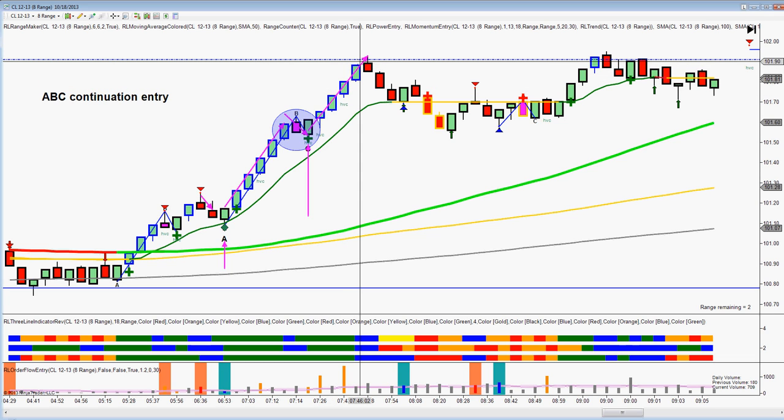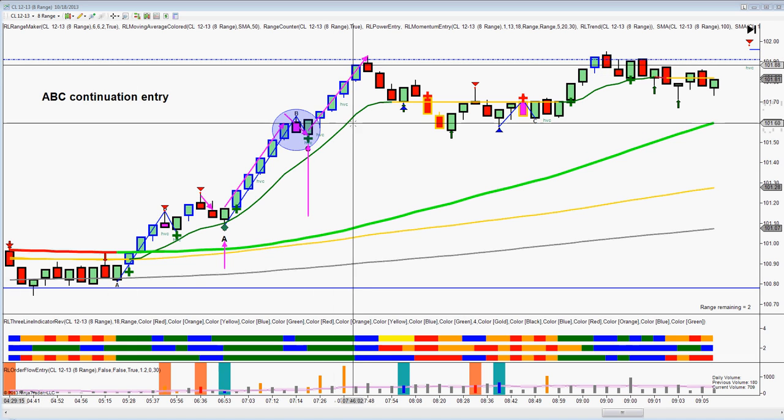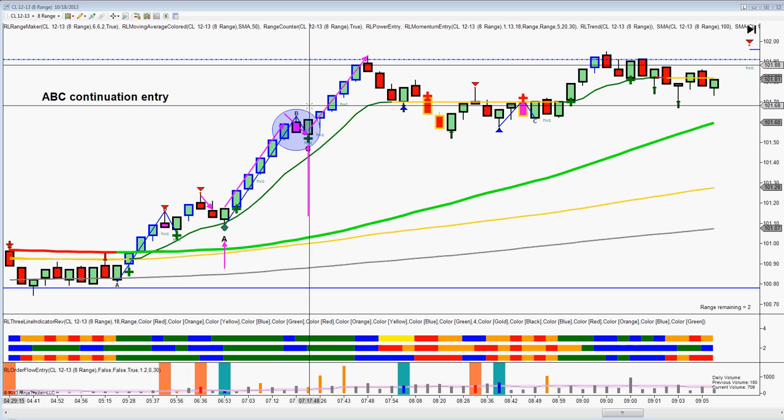Now a second pivot C is going to be much more risky, and as part of our Right Line Trading dogma, we don't trade second pivot Cs. Now, occasionally, a second pivot is so perfect in setup, it's worth the additional risk.